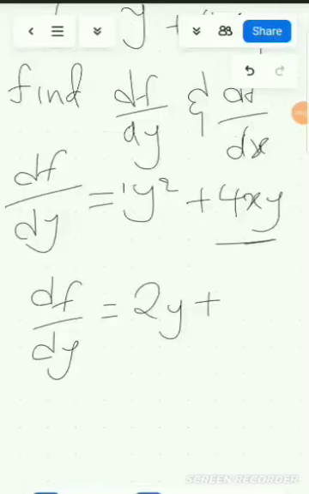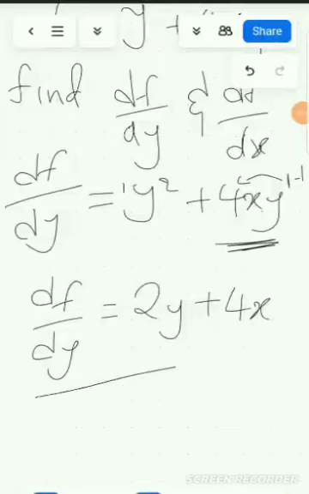Now what do we do in this case? In this case, we are targeting simply y. So y has a power of 1. So we say 1 multiplied by 4. That will be 4, right? And this 4 multiplied by x, that is 4x. Now what happens to y? The power, 1 minus 1, is 0. Any number to the power 0 is 1. So this is our function, the derivative of f with respect to y.